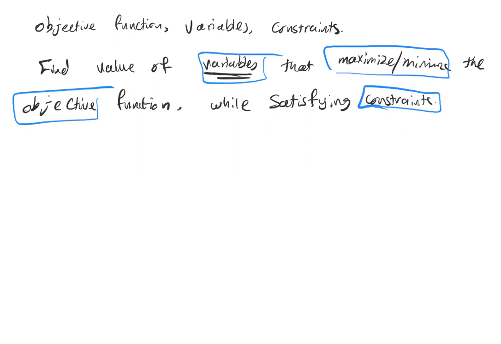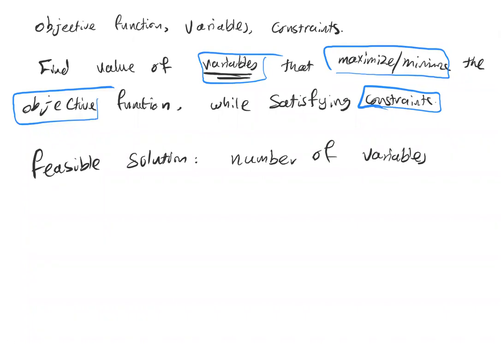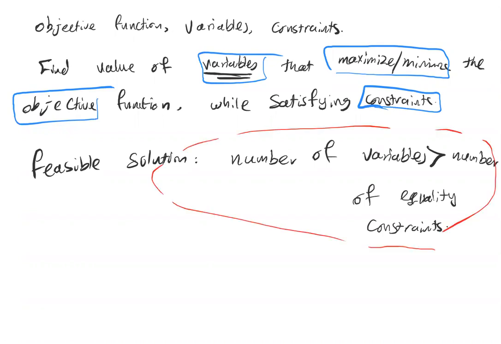So in order for an optimization problem to have a feasible solution, the number of variables should be greater than the number of equality constraints. Okay, where does this one come from? This comes from the previous discussion that we had, scenario number 3.